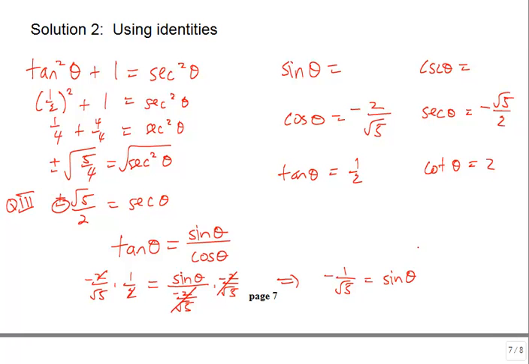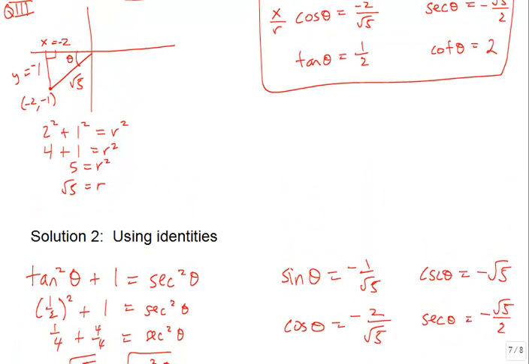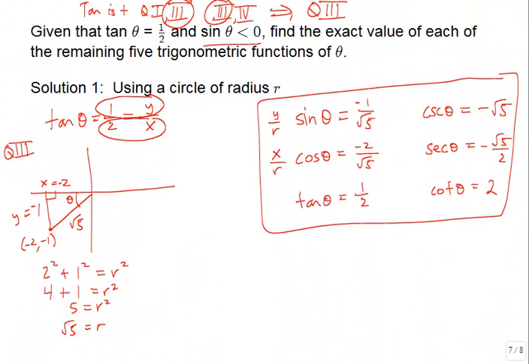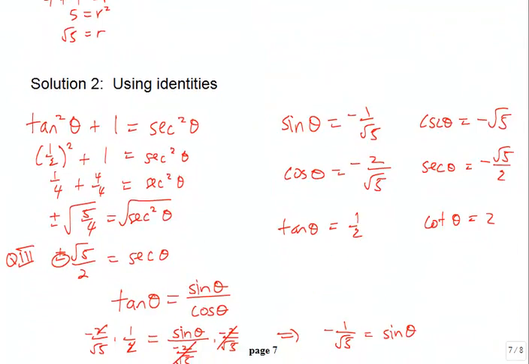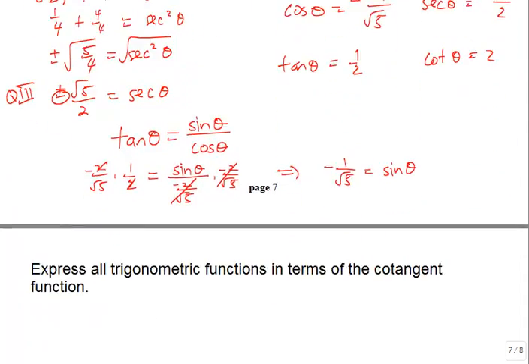So sine is going to be -1 over root 5, so that makes its reciprocal negative square root of 5. So on these problems, and you will definitely see these on quizzes and tests and homework, you can either draw a triangle and think of it that way, or you can use identities. It's totally up to you how you do these.